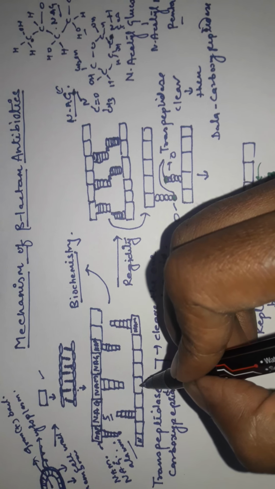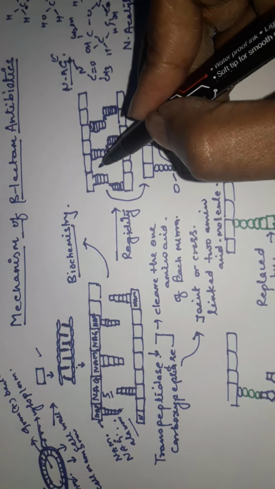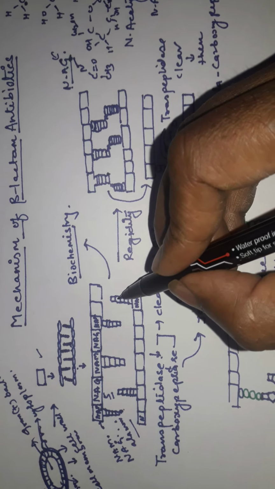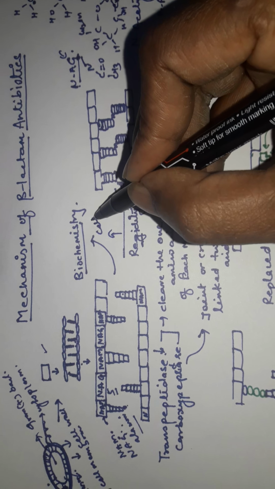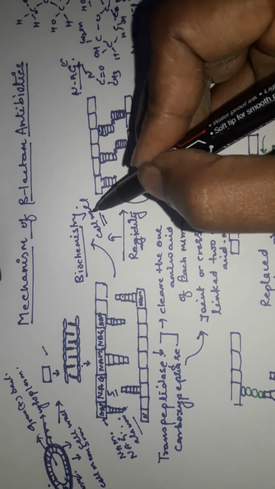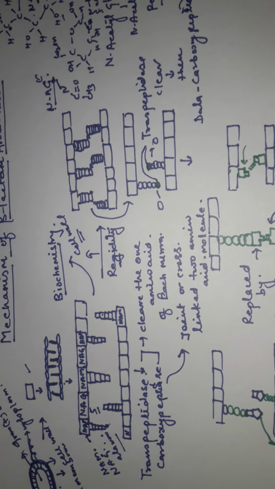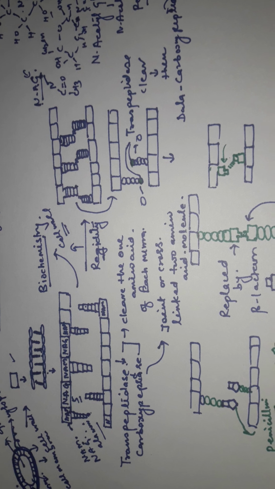Okay, and if you see, 5 amino acids are present here, so I have attached 5 amino acids, and when they join together, it provides the rigidity to the cell wall. Which portion provides the rigidity to the cell wall? If you see, two enzymes are here: one is transpeptidase and another is D-alanine carboxypeptidase.